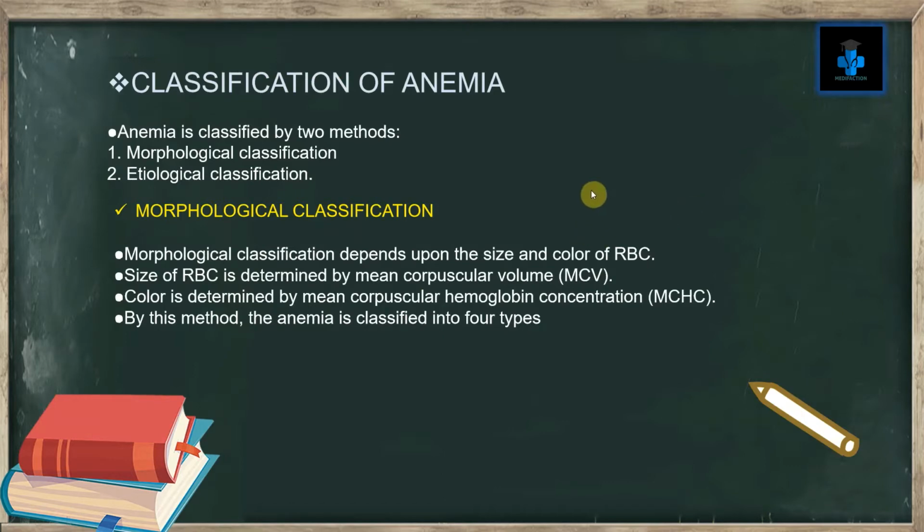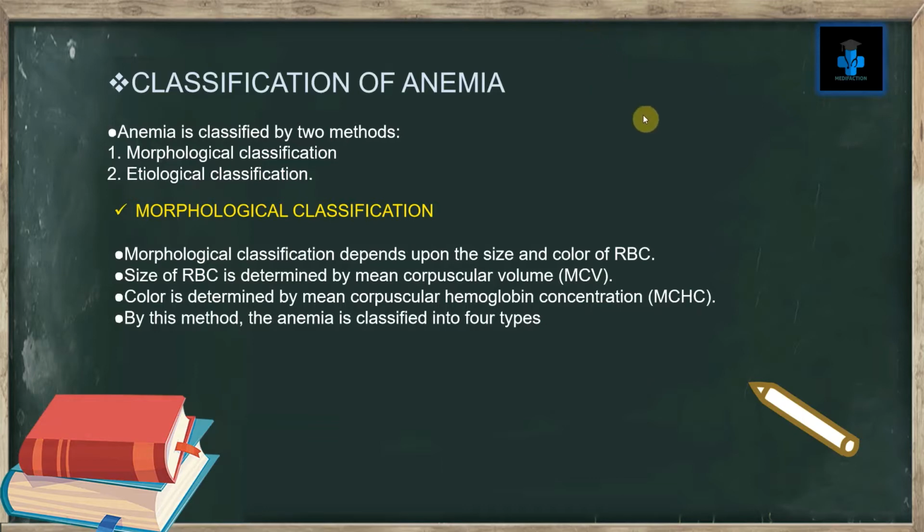Now let's move on to classification of anemia. Anemia is classified by two methods. Number 1 is based on morphological classification. Number 2 is etiological classification. Let's look at morphological classification. Morphological classification depends upon the size and color of RBC.